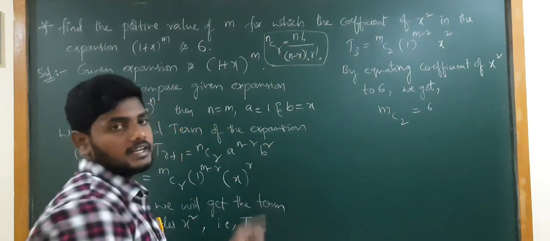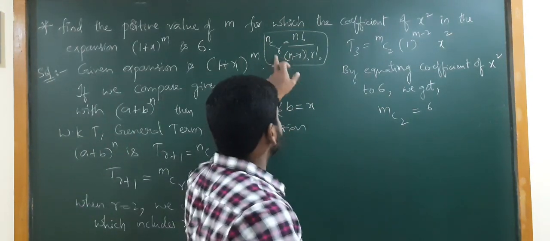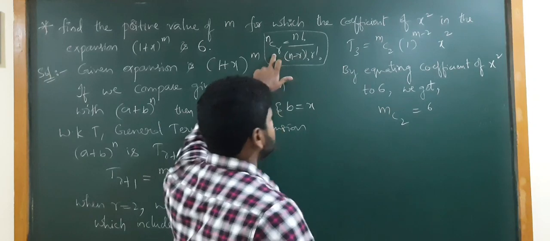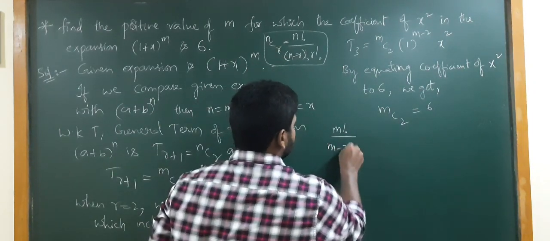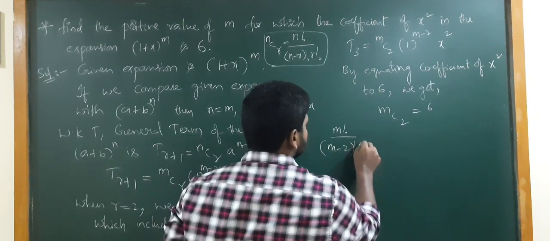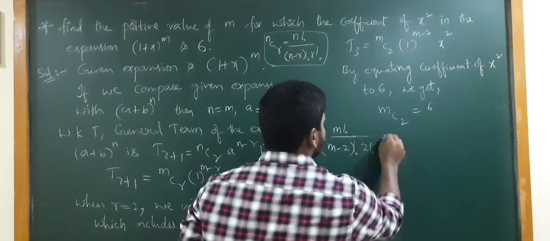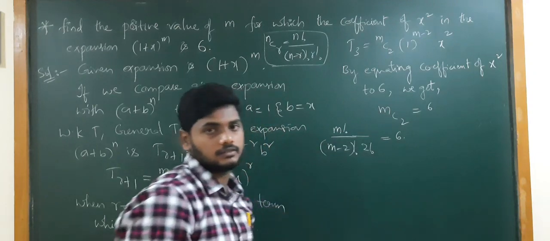So mC2 in the form of nCr will become m factorial by m minus 2 factorial into 2 factorial, which is equal to 6.